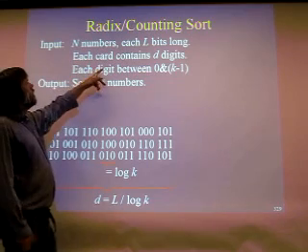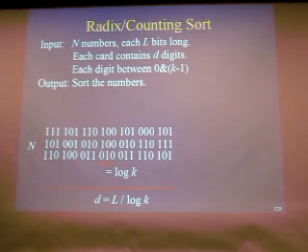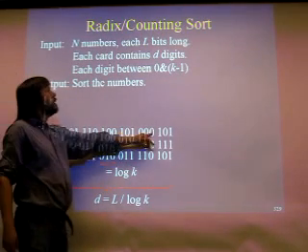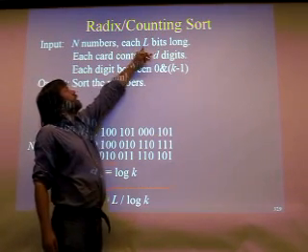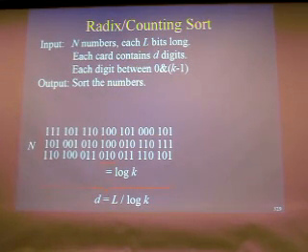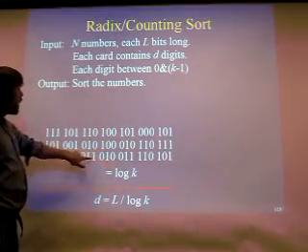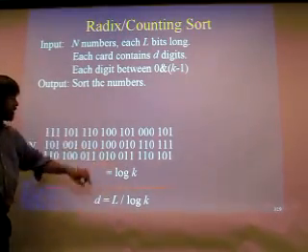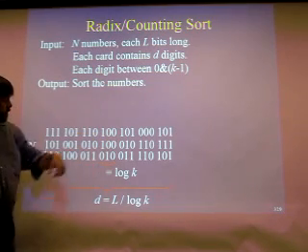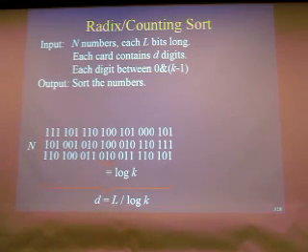This is called radix counting sort, where the input is n numbers, each L bits long, and you want to sort them. What you do is you break the bits into blocks, and you consider each of these blocks to be a digit.